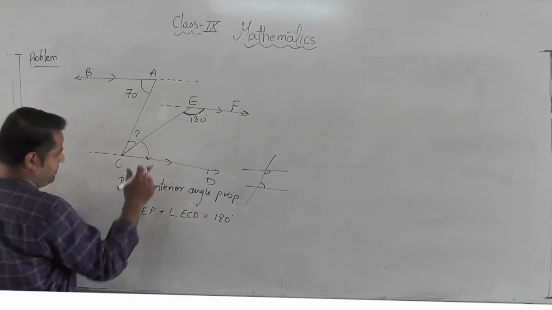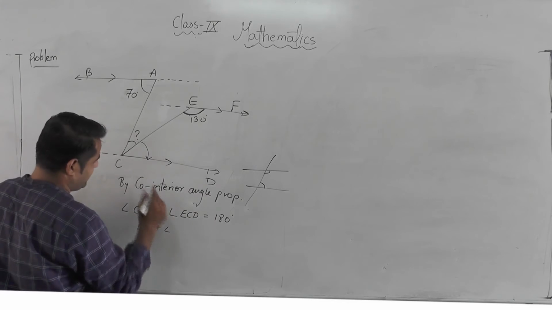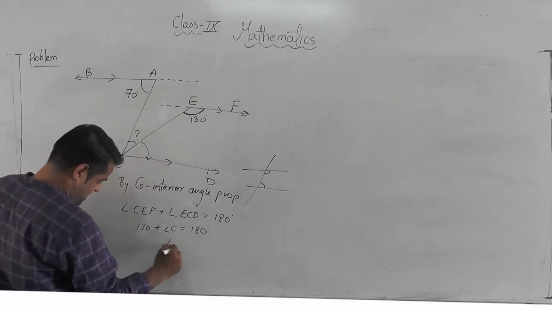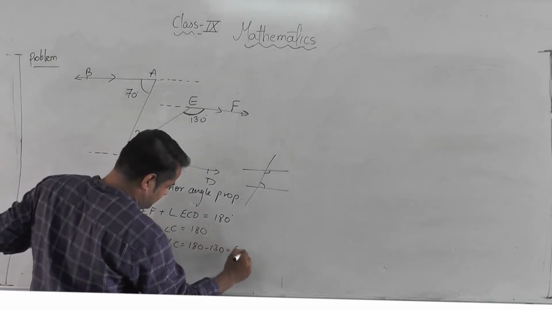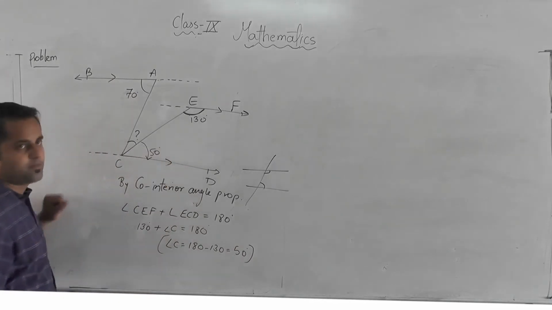Now CEF is 130. This angle we don't know, so I am writing it as C only. Angle C will become 180 minus 130, which is equivalent to 50 degrees. So this angle will be 50 degrees.